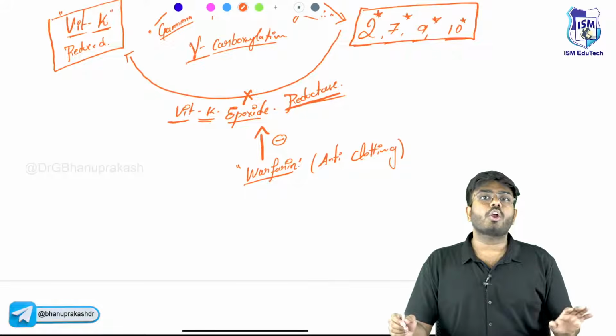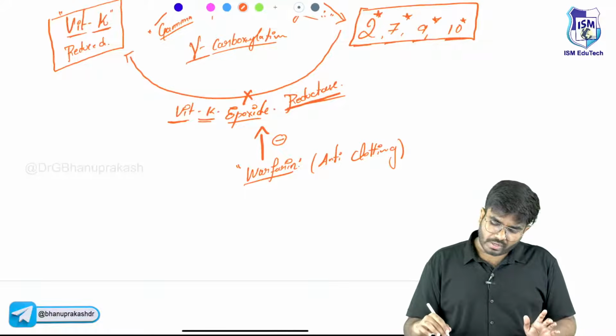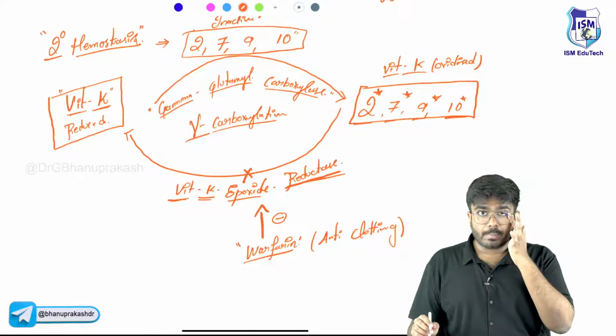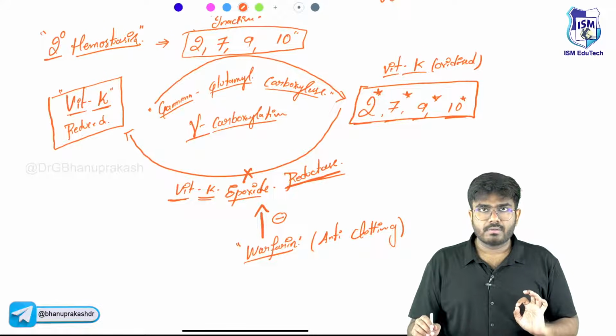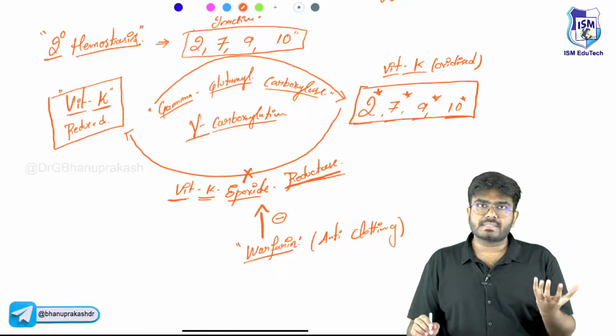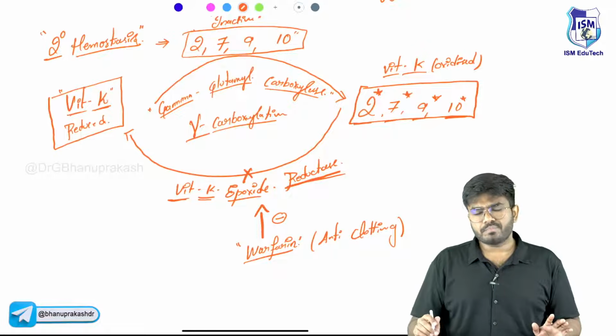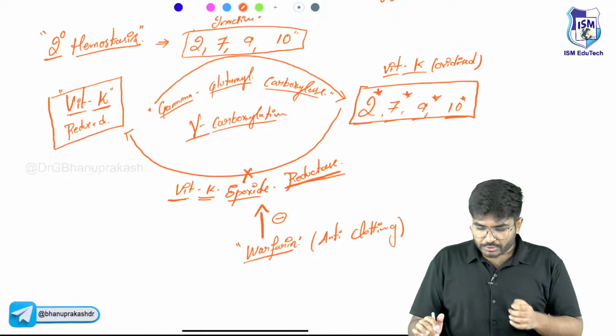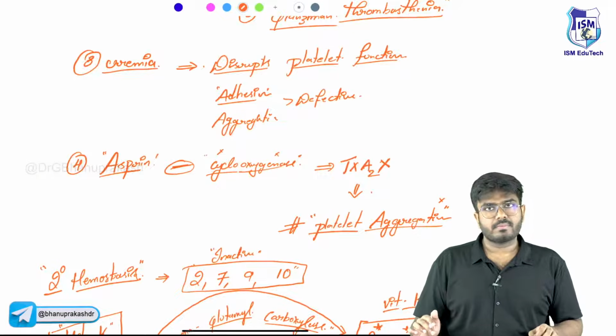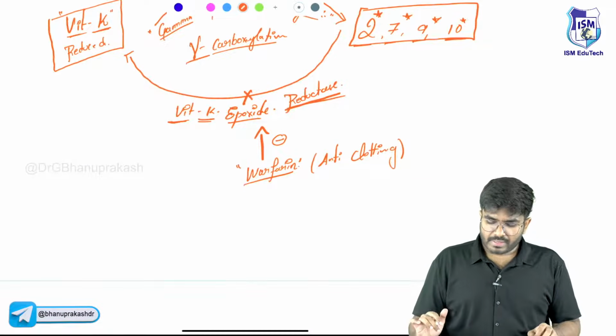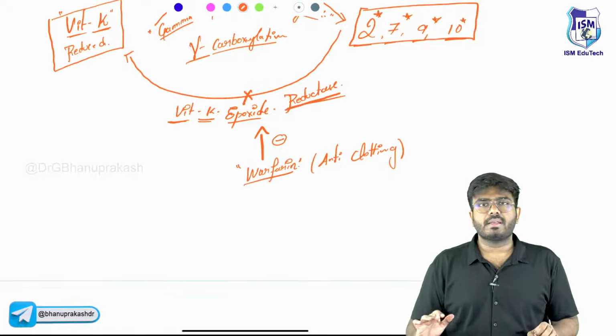Warfarin inhibits vitamin K epoxide reductase, so reduction of vitamin K is inhibited. So two things: aspirin inhibits cyclooxygenase, warfarin inhibits vitamin K epoxide reductase.